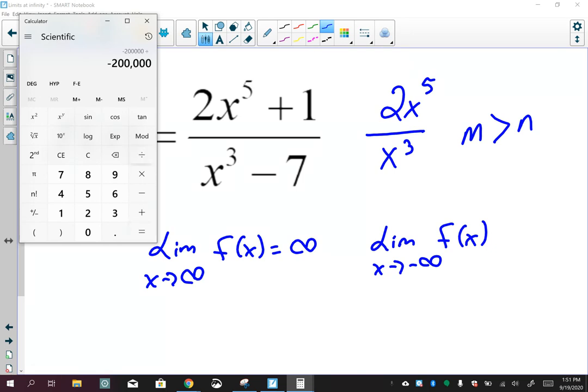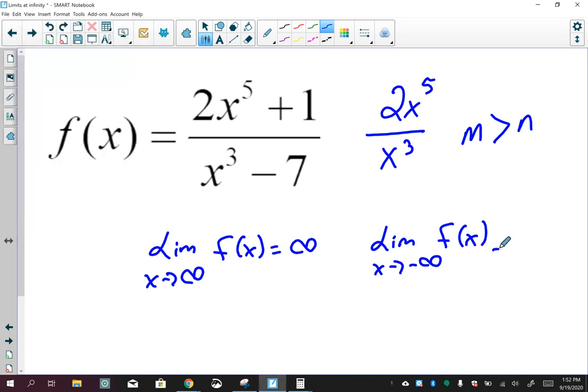And I'm going to divide that by negative 10 raised to the third power. Oh, let me try that again. I think I did something wrong. Let's clear that. Negative 10 raised to the fifth over 10 raised to the third. It's negative, so I have a negative over negative, which is a positive. So this is going to run off to positive infinity.